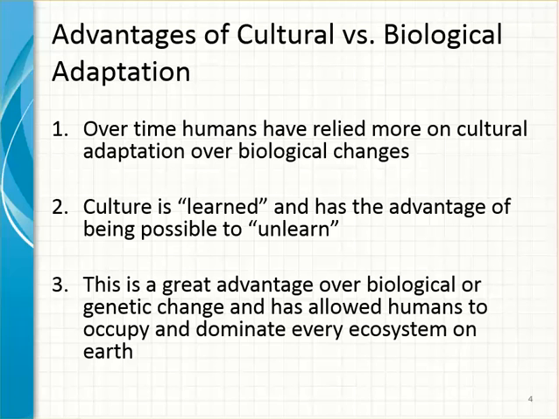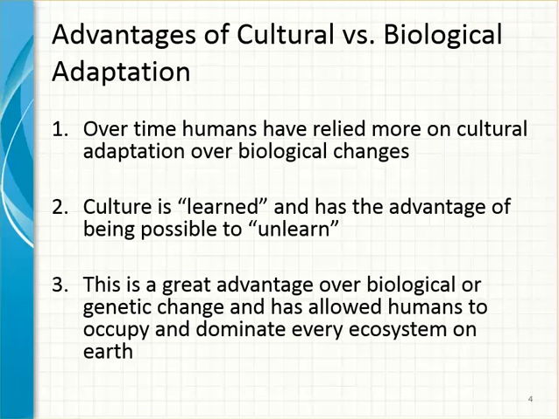Our brains have increased and our intelligence has increased, but the rest of our bodies have remained pretty much the same. We've undergone many changes, but these have been more in terms of behavior, in terms of human culture. And again, culture is learned, and thus it has the advantage of being possible to unlearn when it's necessary.